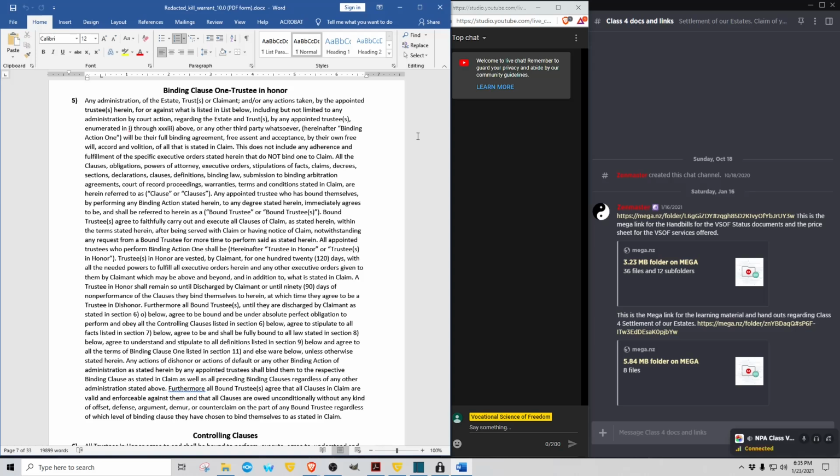Hereinafter, binding action 1 will be their full binding agreement, free assent and acceptance by their own free will, accord, and volition of all that is stated in claim. This does not include any adherence and fulfillment of the specific executive order stated herein that do not bind one to claim, which there are a few, meaning if they don't want to bind themselves to the KW, they can do the specific things which we tell them to do regarding our estate and then be gone.